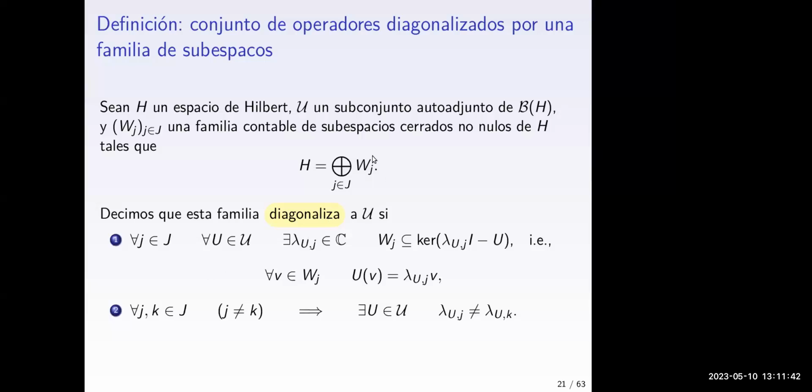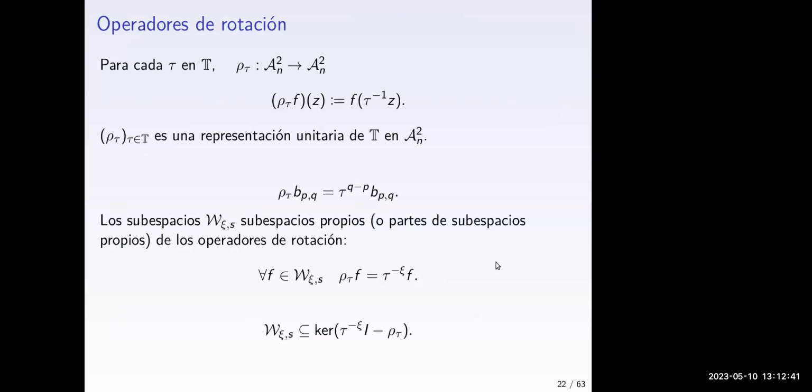We have a Hilbert space, and we gave two conditions that this space W must satisfy: that it is a proper subspace, an eigenspace, and that there exists a rotation or an operator that can distinguish these two spaces.